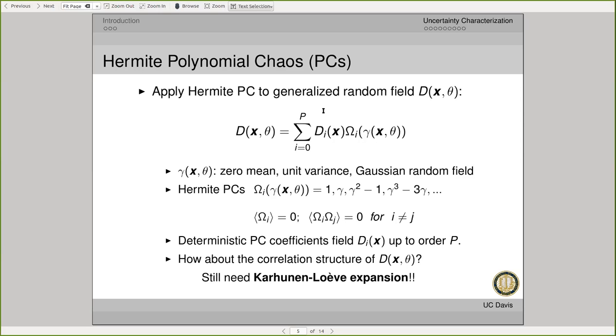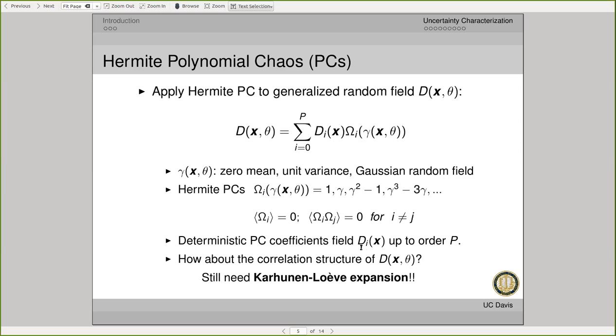We need to combine this Hermite polynomial chaos basis with the deterministic polynomial chaos coefficient field, and you need to choose some order of the polynomial chaos. We did some experiments in the previous lecture. If you have a very non-Gaussian marginal distribution with a relatively large variance, you might need a higher order P of polynomial chaos.